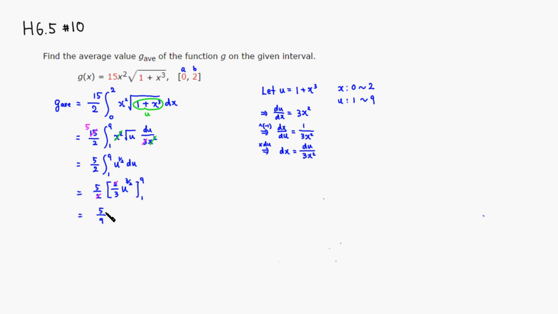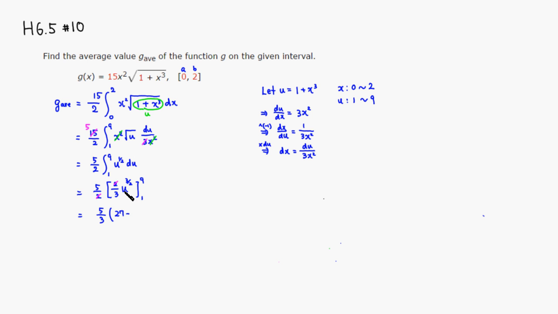So you're going to have 5/3. Then we plug in 9 first. 1/2 power is square root, so it's going to be 3. Then cube it, so it's 27, minus plug in 1, so it's going to be... oh, actually I messed it up, didn't I? Alright, so this is 5 over 3, so instead of 9... Right, so that's that.